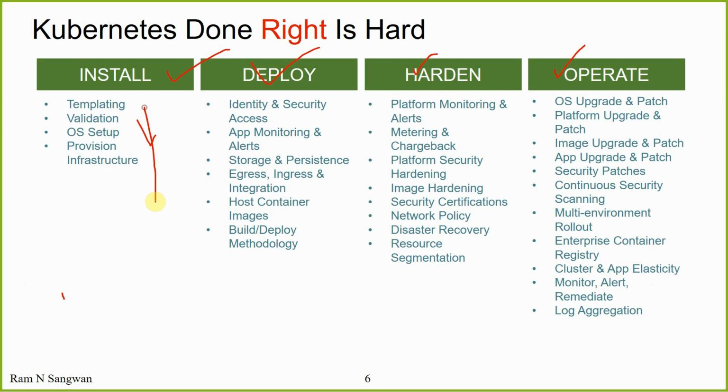These are additional things which you need to do: templating, validation, operating system setup, provision, infrastructure, identity and security access, apps monitoring, alerts, storage persistence, ingress and egress, integration, host container, images, build and deploy methodology, platform monitoring and alerts, metering and chargeback, platform security, hardening, image hardening, security certifications, network policy, disaster recovery, resource segmentation, operating system upgrade and patch management, image upgrade and patching, then application upgrade and patching, security patches, continuous security scanning, multi-environment rollout, enterprise container registry.